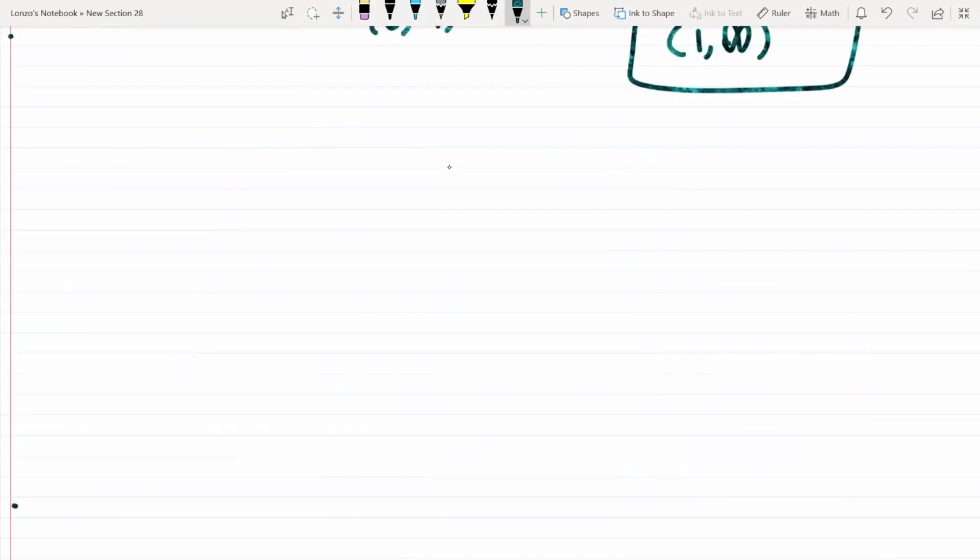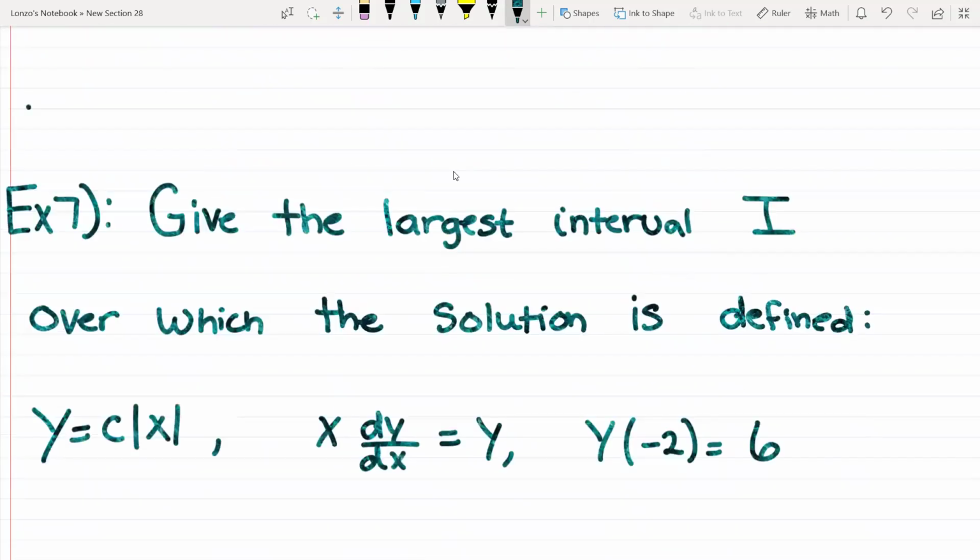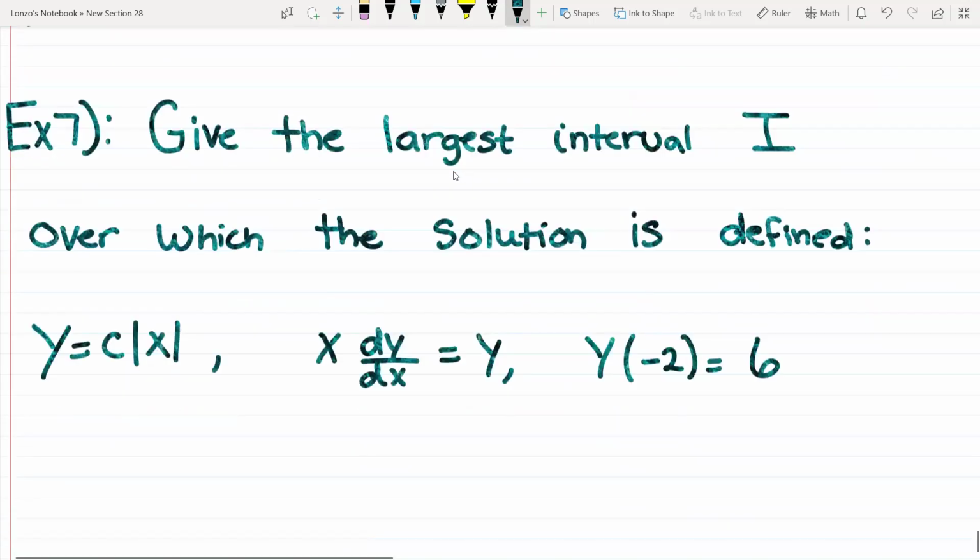Let's do one more example. Example 7 says give the largest interval I over which the solution is defined. We have y equals c times the absolute value of x, dy over dx equals y, and we have a given initial value of -2 comma 6. So the first step is to figure out what the c value is by plugging in your initial value.